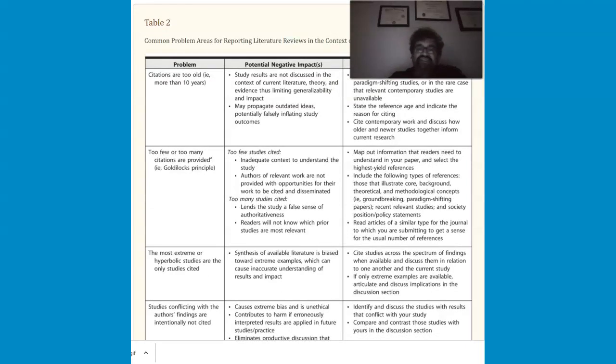Now, how many citations are too few versus too many? That's the Goldilocks principle, because when you have too few studies, that's inadequate context. You can't draw any conclusions based off of that. And also, there's not too many opportunities for the work to be cited and disseminated if you have too few studies. Now, because at the end of the day, what's happening is that when you cite an author's article, they get a notification, and so they get the statistics as to how many times their article was cited.